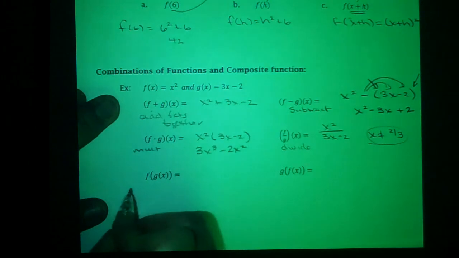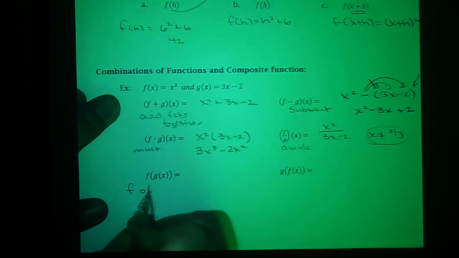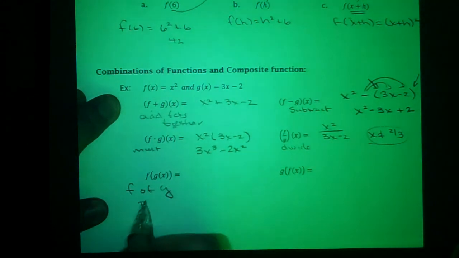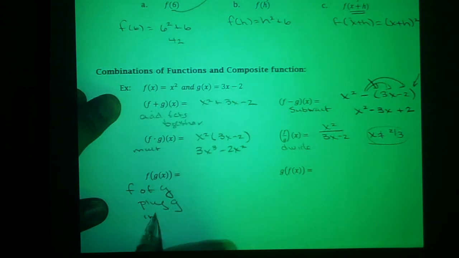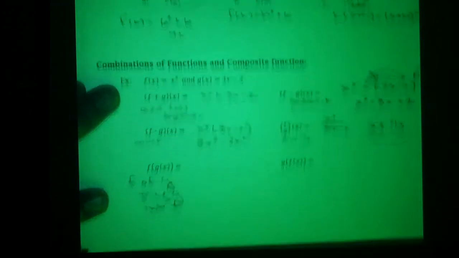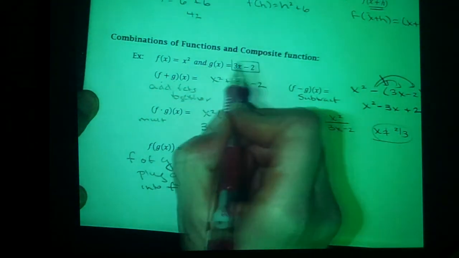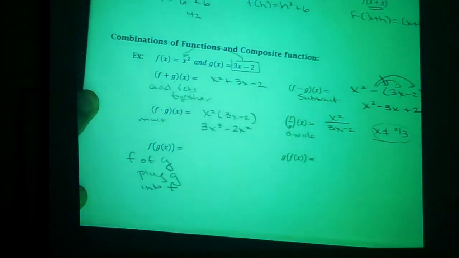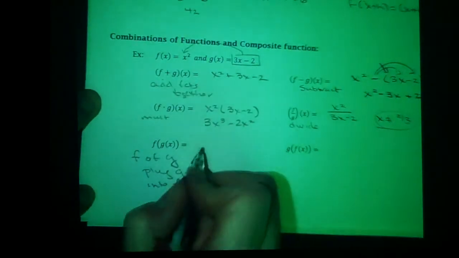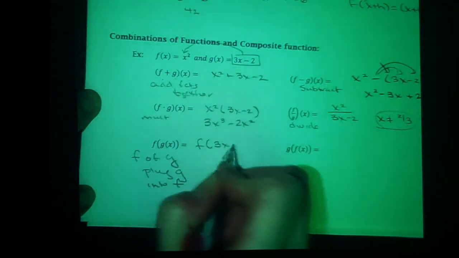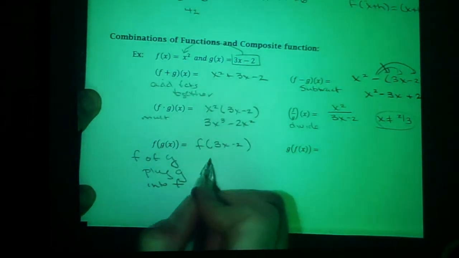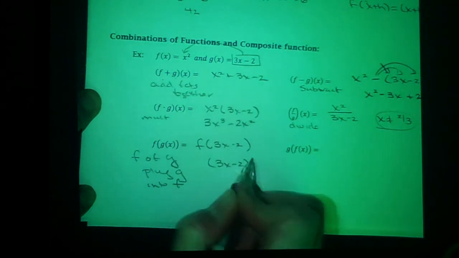This I like to read as f of g, which means you plug g into f. And so what that's going to look like is this 3x minus 2 is going to go into f. So it's going to be f of 3x minus 2, or (3x minus 2) squared.